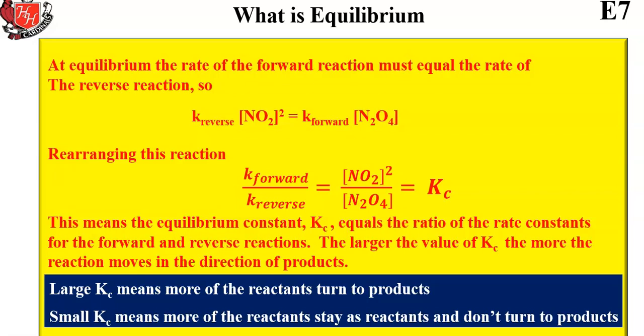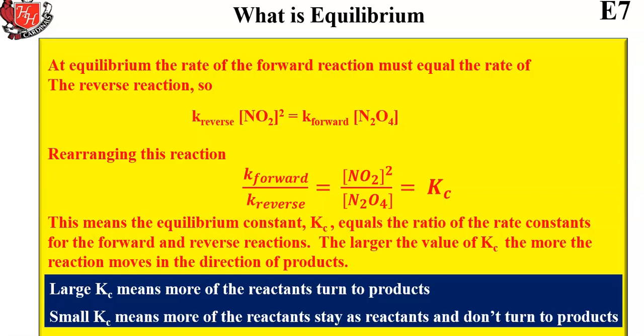The larger the value of Kc, the more the reaction moves in the direction of the products. And that makes sense if you look up above at k forward. If k forward is a lot bigger than k reverse, that means the reaction is going to move in the direction of the products. If k reverse, down in the denominator of that ratio, is a lot bigger than k forward, then that means that the Kc is going to be very small, and that means the reaction tends to move backwards towards the reactants.